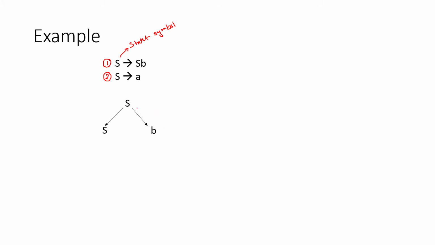Now if I expand it more, I cannot expand in this direction because B is already a terminal. It is not possible to expand if I get a terminal, because expansion is only possible if the symbol we have over here is in the left hand side of some production rule.